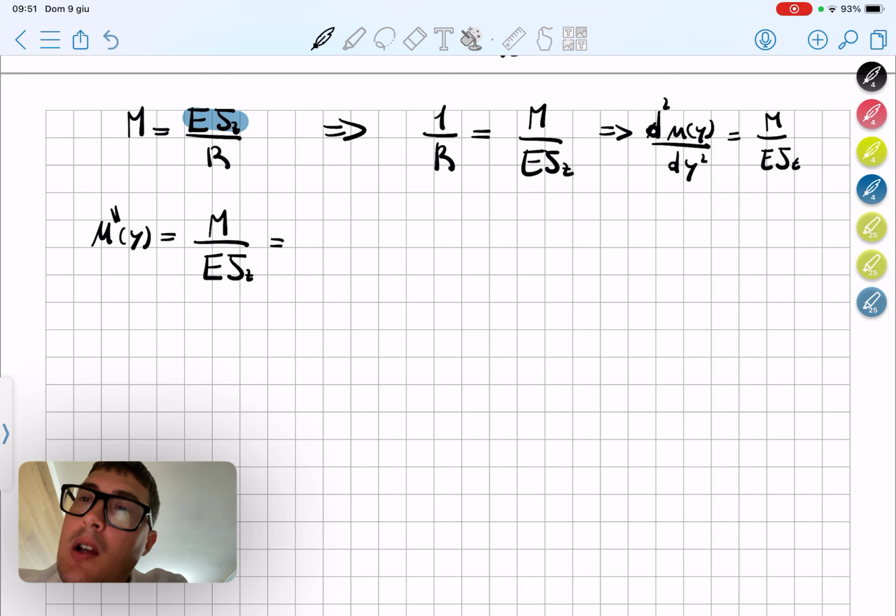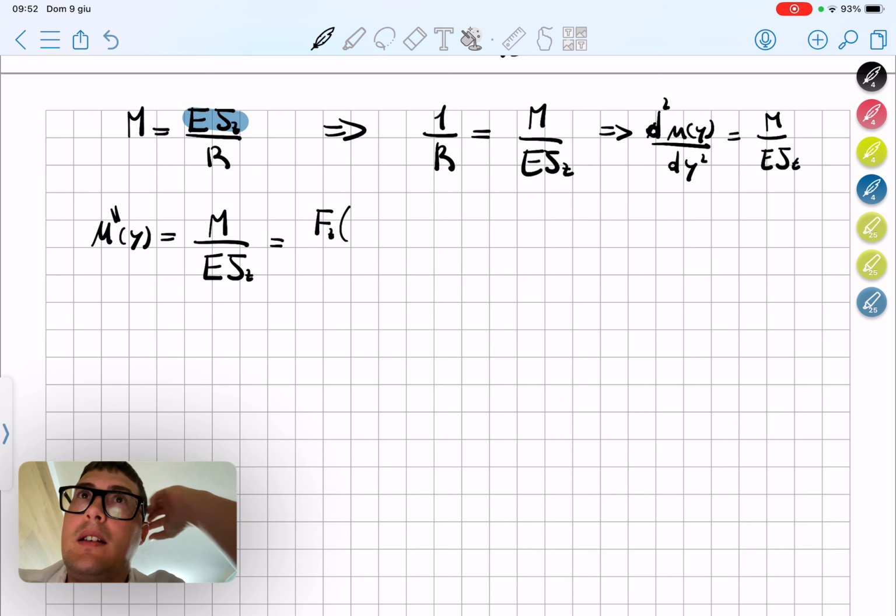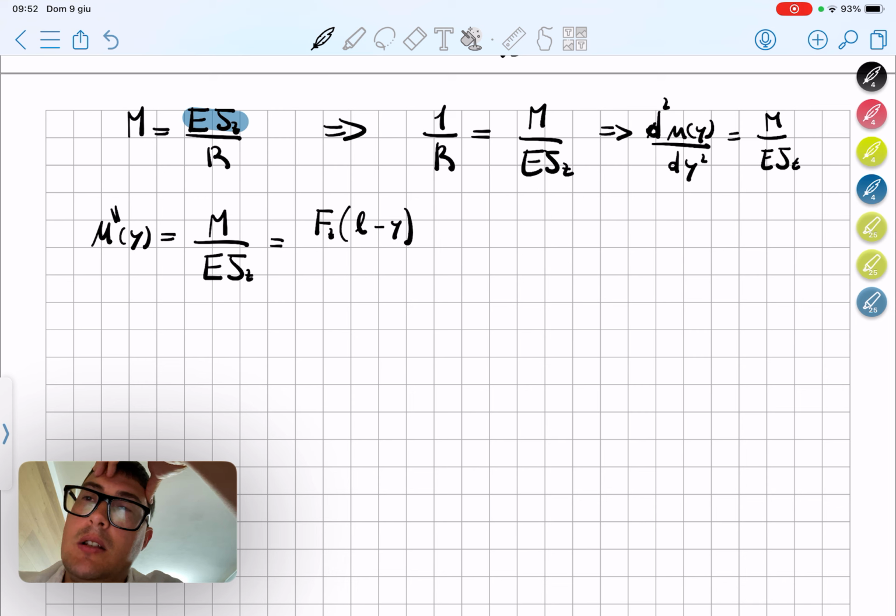in the case of F of z, is F of z times, in the coordinate system that we have chosen, L minus y. F of z times L minus y, force times distance. And divided by EJz.